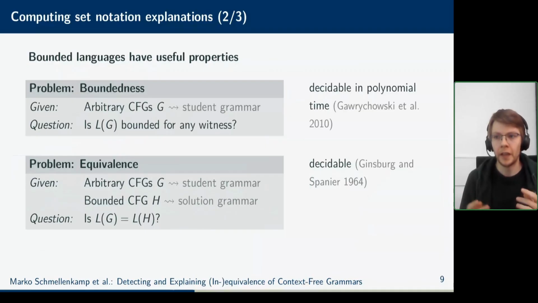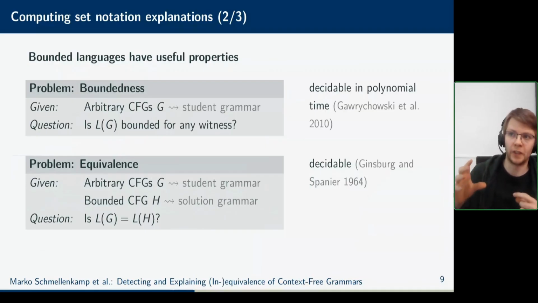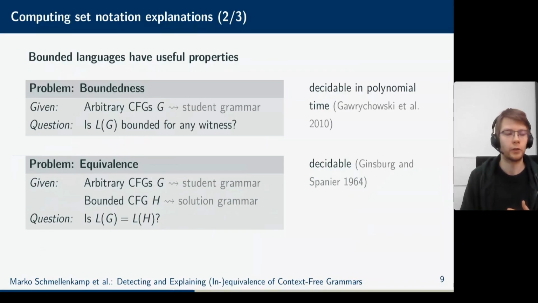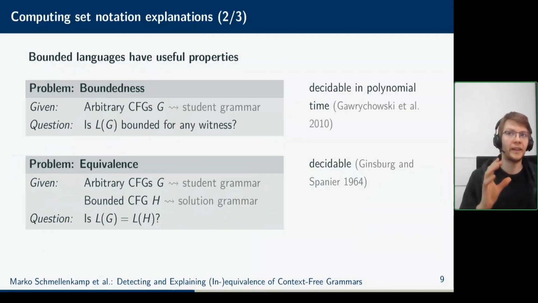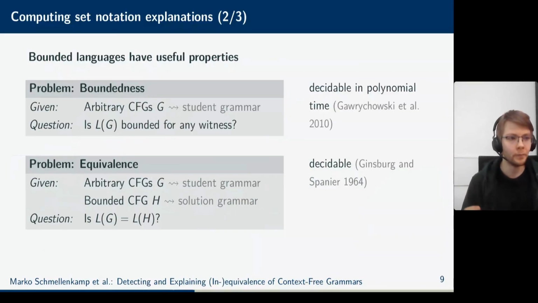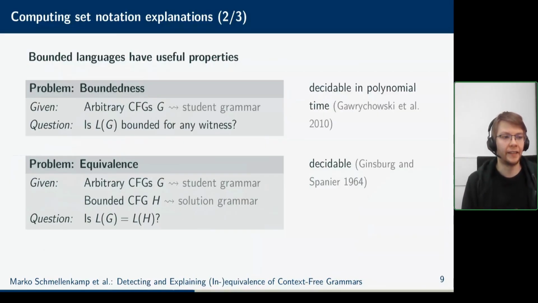And if I have a witness, I can also test the grammar against this specific witness and tell whether it's bounded concerning this specific witness. And even more interesting to us, the equivalence problem is decidable as soon as one of the given grammars is bounded. That was proven in 1964 already. It was a non-constructive proof. We had to figure out how to put that into an algorithm.